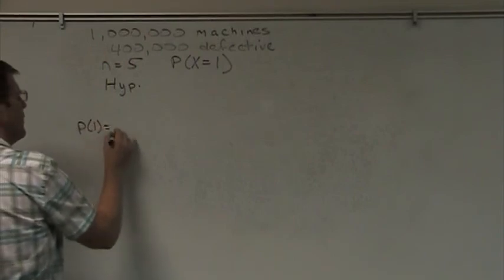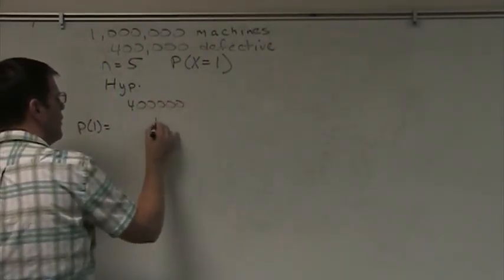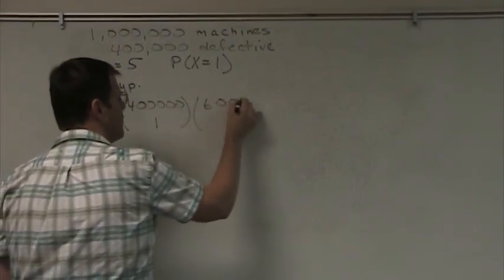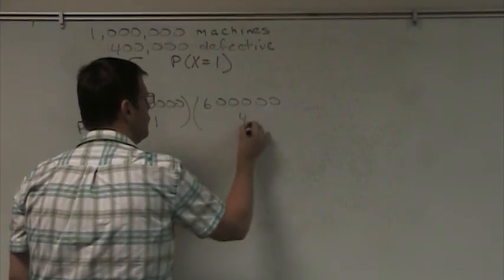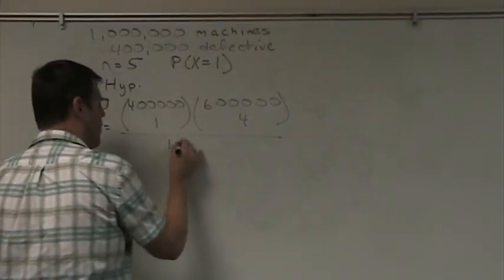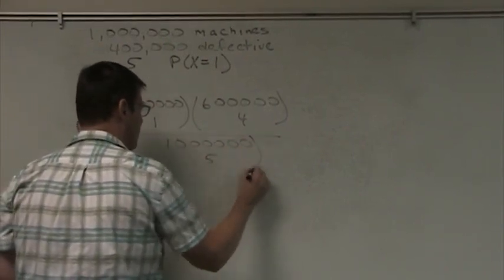P of 1 is going to be 400,000 choose 1, times 600,000 choose 4, all divided by 1,000,000 choose 5.